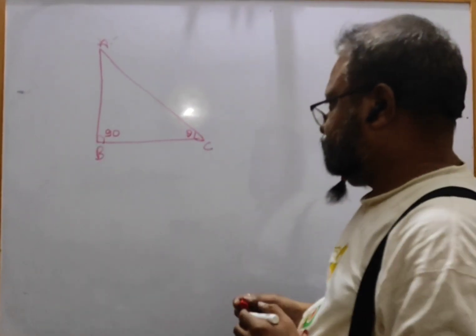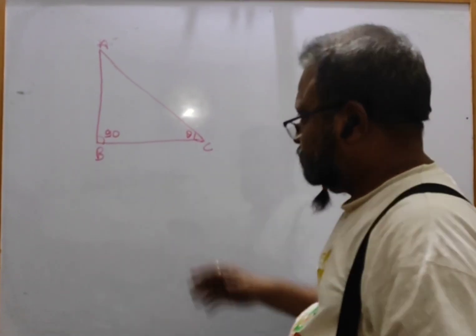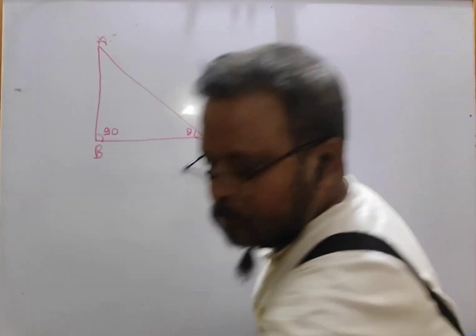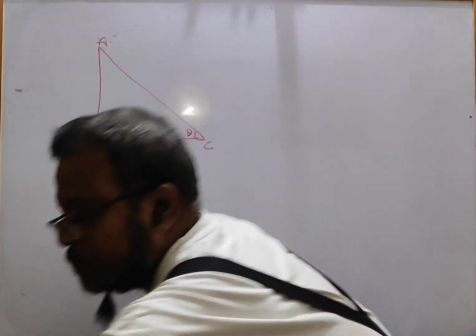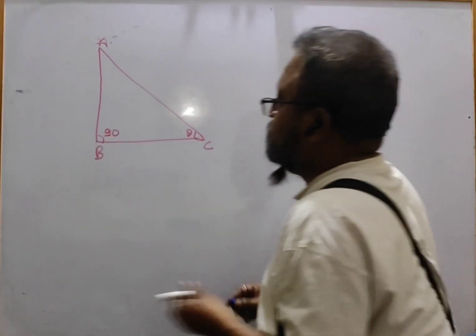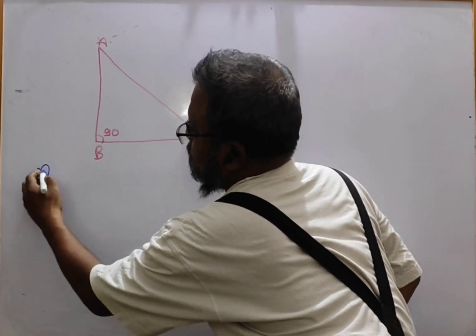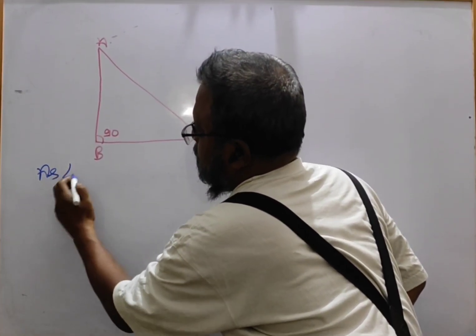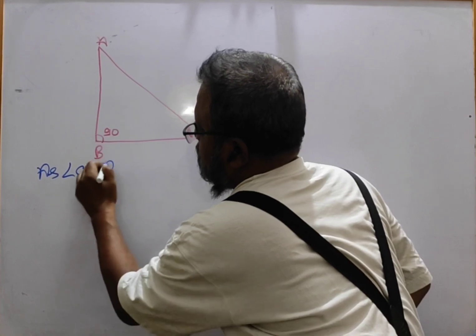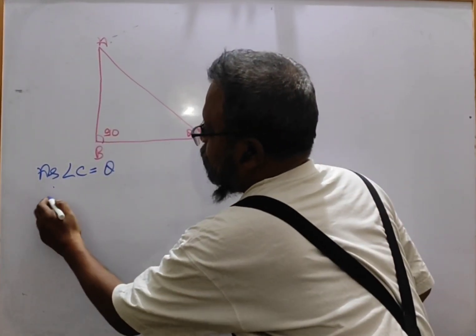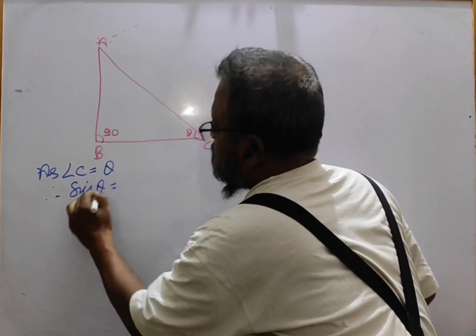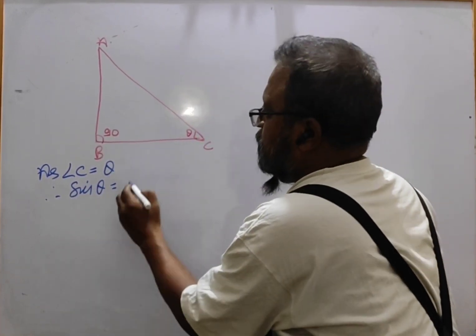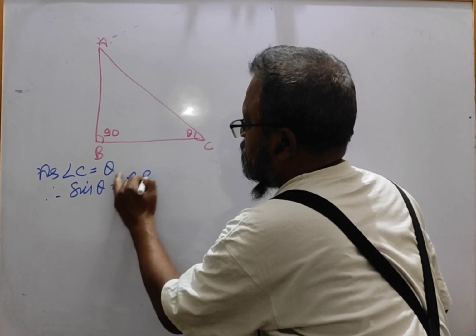So as angle C is equal to theta, therefore sin theta is equal to AB upon AC.